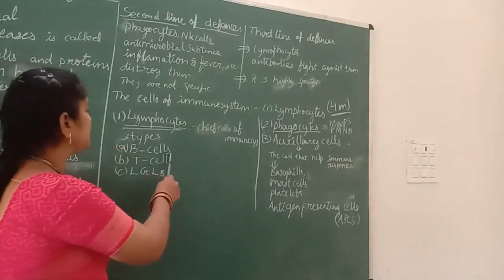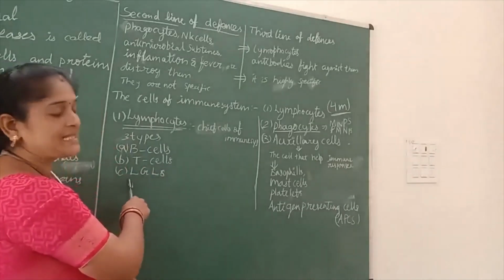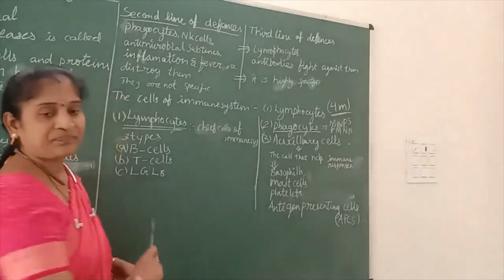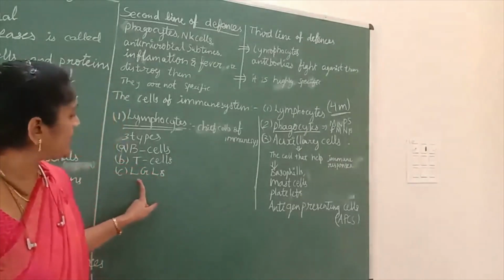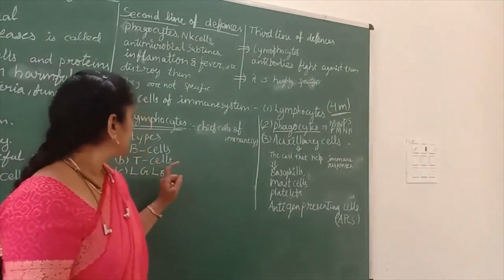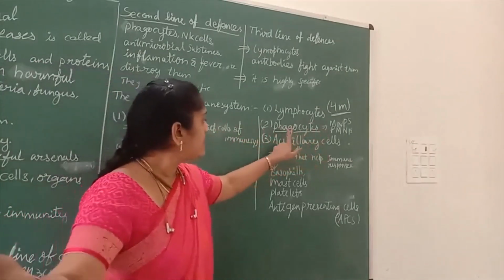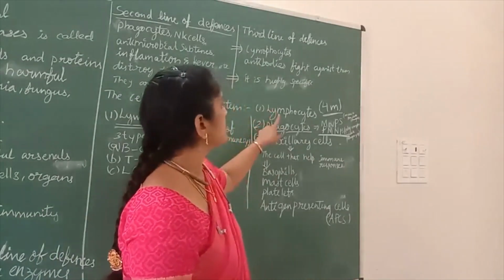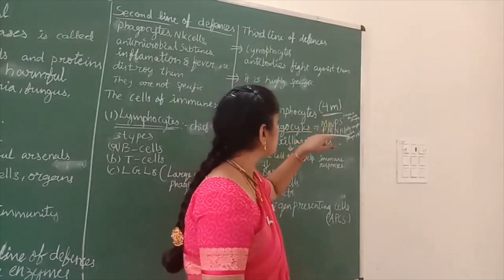First one is B cells, second one is T cells, and third one is LGLs, large granular lymphocytes. After that, the phagocytes. Lymphocytes are very important, and they will come in the exam.